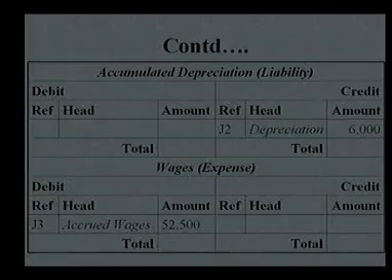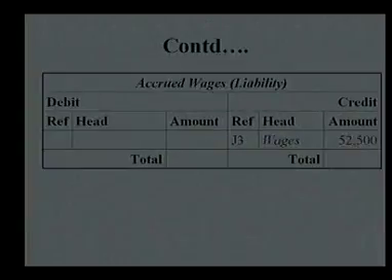So, you find that wages, which is an expense, is recorded under debit side, because increase in expense you write it under debit side. Now, if you look at accumulated wages, which is shown next, or accrued wage as it is also known, it is a liability. Increase in liability you record it under credit side.